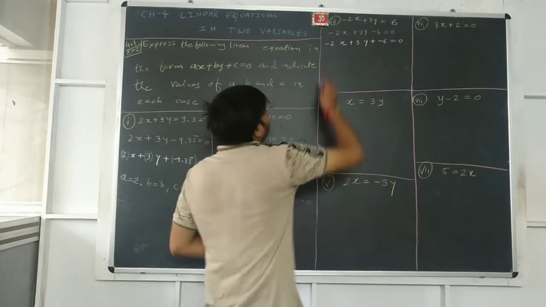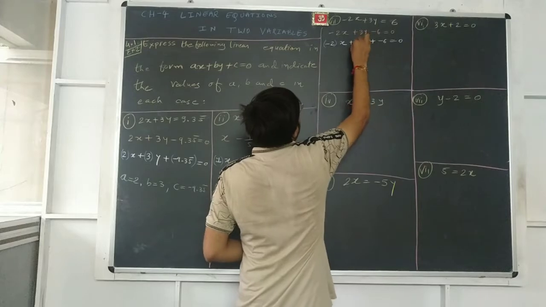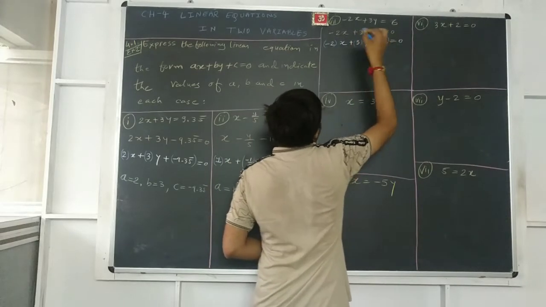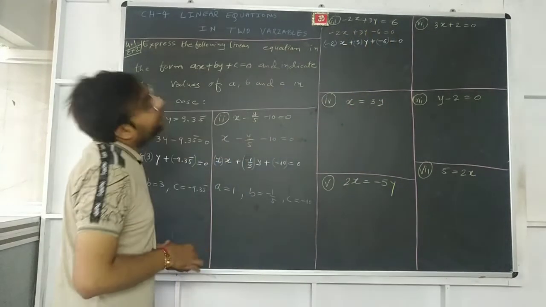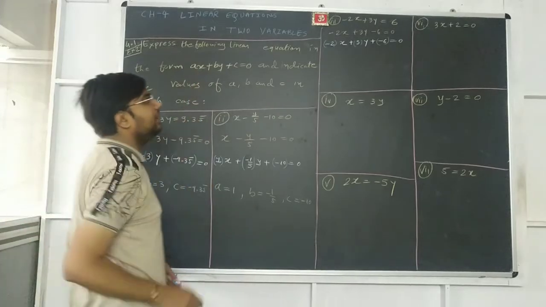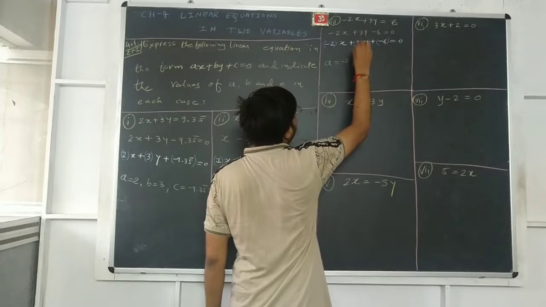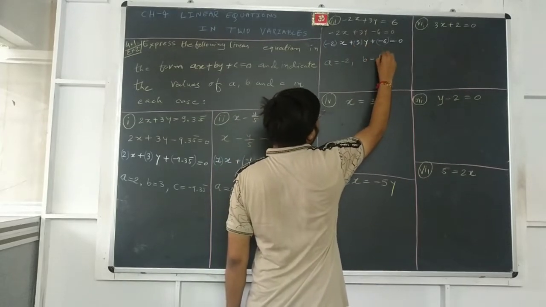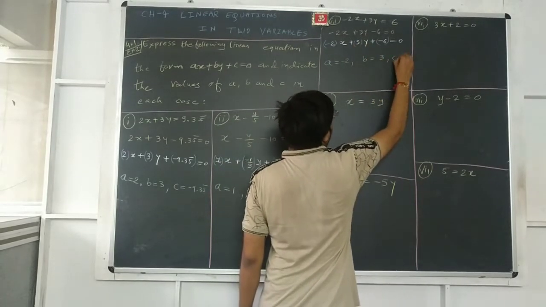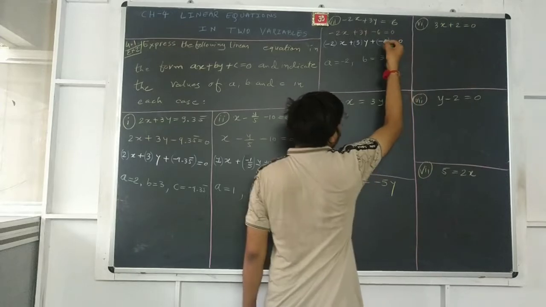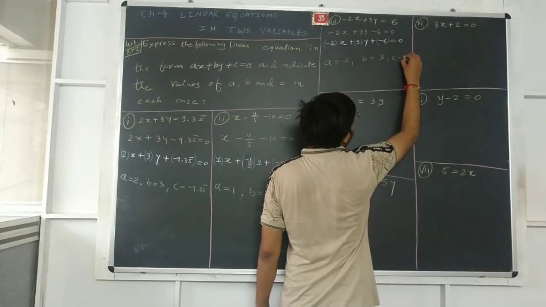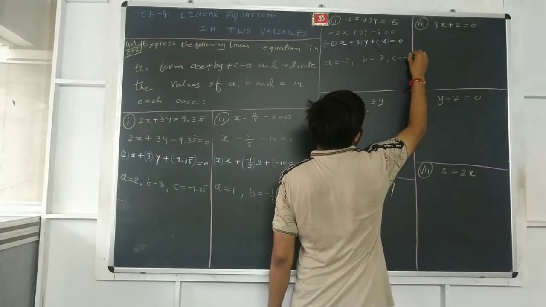Here we get minus 2, 3 and minus 6. Comparing with ax plus by plus c is equal to 0, a is the coefficient of x, which is minus 2, b is the coefficient of y, which is 3, and c is the constant term, which is minus 6.